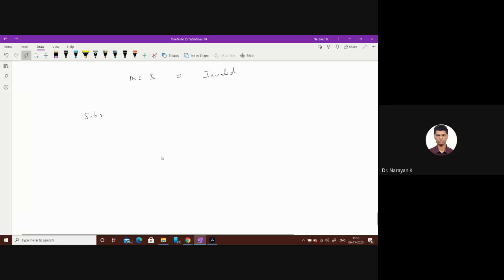Subsidiary maximum. So substitute sine of n psi by 2 is equal to plus minus 1. So your n psi by 2 will be equal to sine inverse of plus minus 1.